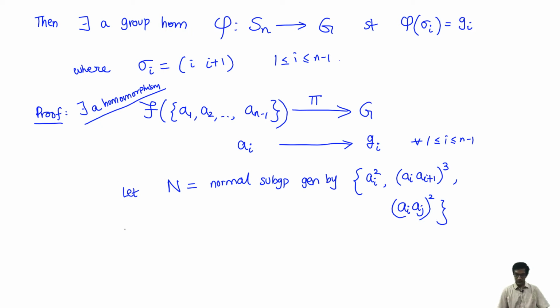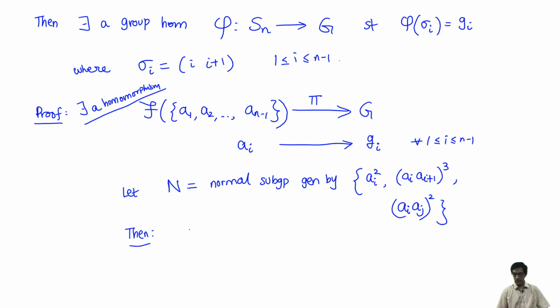Then observe that since the gi satisfy the same relations, each of these generators maps as follows: ai squared will map to gi squared, but gi squared is the identity. And so on, (ai a(i+1)) cubed will map to (gi g(i+1)) cubed, which was assumed to be the identity in the group.